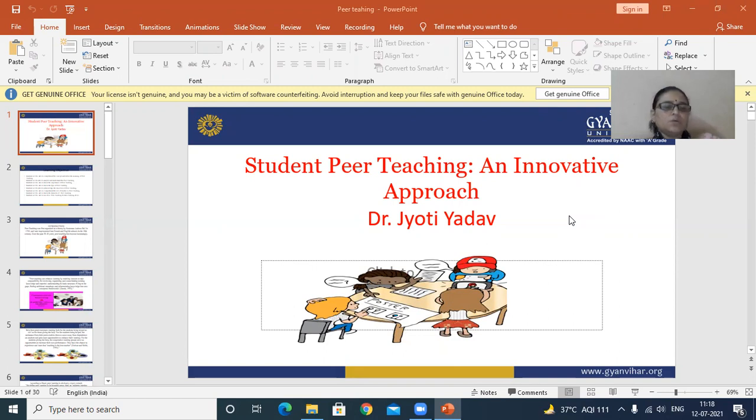So with new methods and strategies we can improve student engagement, motivation, and attainment, and it is a win for both student and teacher.